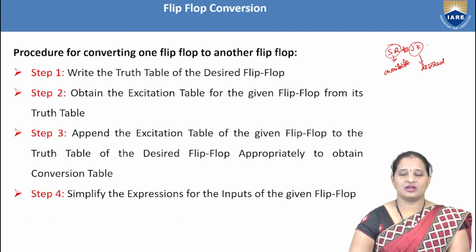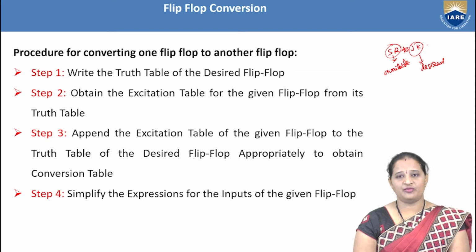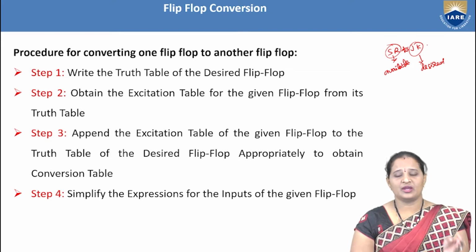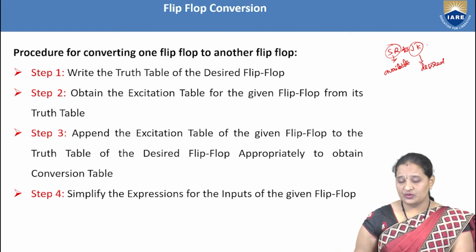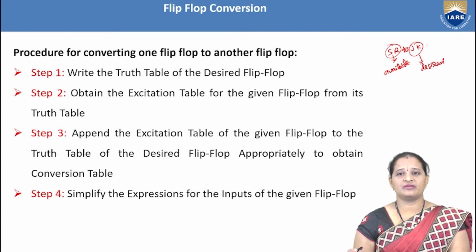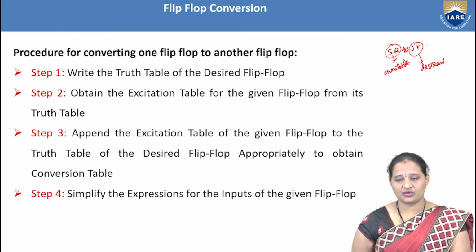After getting the conversion table, step 4 is to get the simplified expressions for the inputs of the flip-flops. Using K-maps, we are going to get the simplified expressions for the inputs of the given flip-flop. What is the given flip-flop in this case? The SR flip-flop.